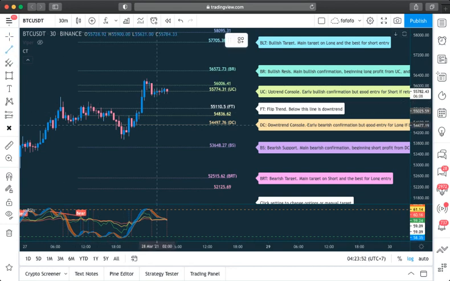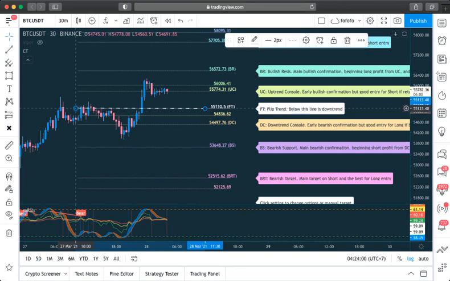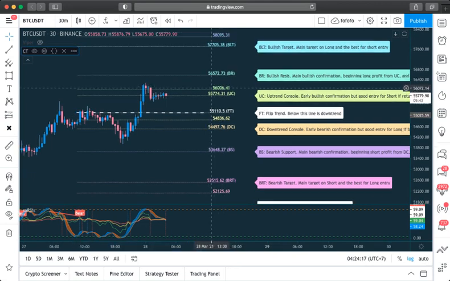Is the market bearish or is the market bullish? With the time frame of 30 minutes and above the flip trend, this is a bullish market. Is the bullish fake or is the bullish real? You can see that it has already reached the uptrend console and is close to the bullish resistance. So this is the real bullish actually.